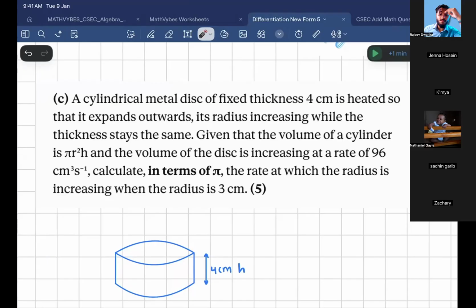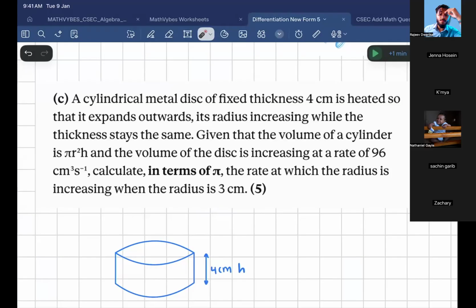So Jenna, we have a cylindrical metal disc, and the height is 4. Yes, sir. And they're saying that it expands outwards. So if it expands outwards, what will change? The volume would change, but what would change as well?